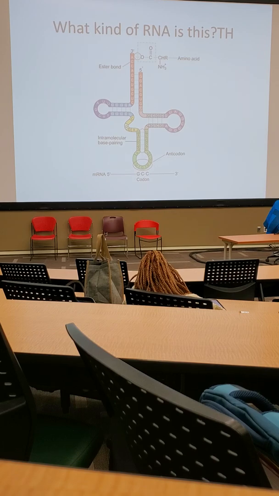So what kind of RNA is this? Now we're going to show different examples of how really important RNAs are processed. These are RNAs we're going to see next lecture in translation. So what type of RNA is this? This is trying to help foreshadow.